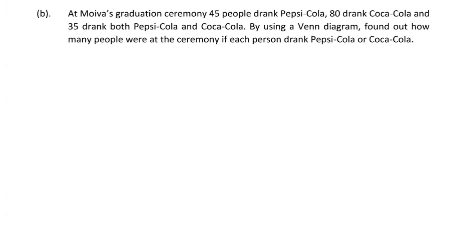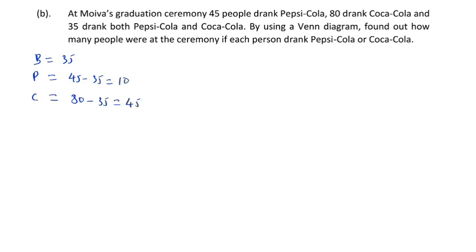Okay, so this is a set problem, and let us proceed as follows. We have been given the data below. People who drank both are 35. People who drank Pepsi-Cola only are 45 minus 35, which equals 10. People who drank Coca-Cola only are 80 minus 35, which equals 45.